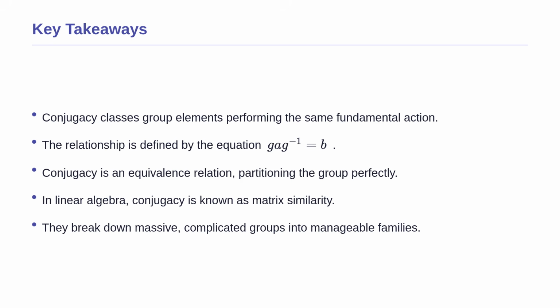Finally, we saw that in linear algebra, this is known as matrix similarity. Understanding these classes allows mathematicians and physicists to break down massive, complicated groups into smaller, manageable families of similar behaviors. You now have a solid foundation in conjugacy classes.